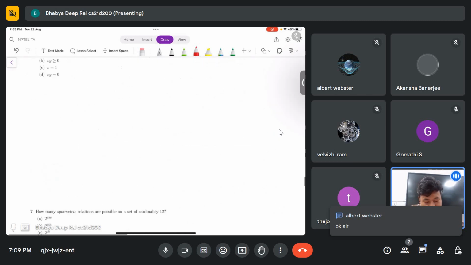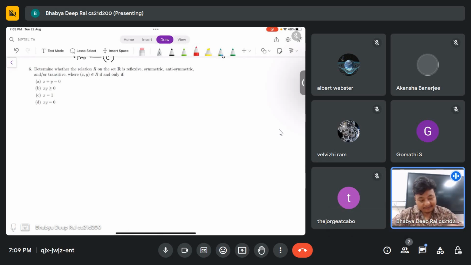Okay, so the final question on checking reflexivity, symmetricity, and so on. Determine whether the relation R on the set of real numbers is reflexive, symmetric, antisymmetric, and/or transitive, when (x, y) is in R if and only if x plus y equals 0. I'll do the first one.